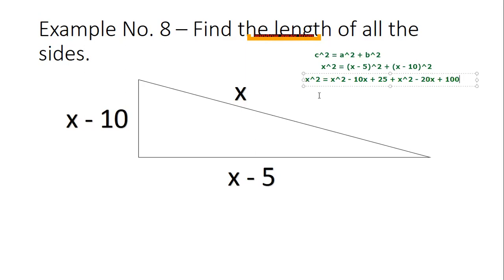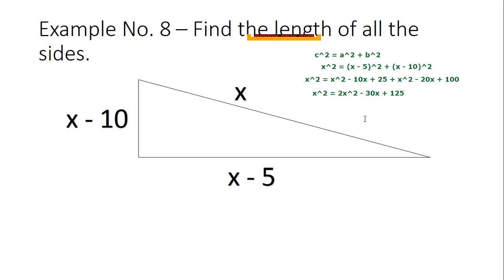For this one, this will become x squared equal to, we combine x squared and x squared here, so this will become 2x squared, negative 10x, then negative 20x, that's negative 30x. And positive 25, then positive 100, that's positive 125.